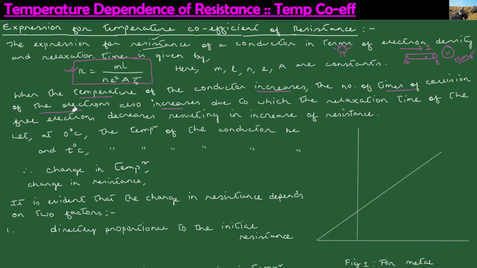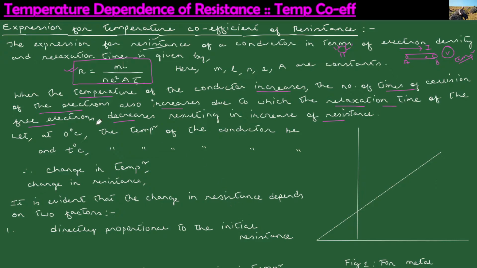And due to the increase in the number of collisions, what will happen to the time in which those free electrons collide? It will decrease, resulting in an increase of resistance.